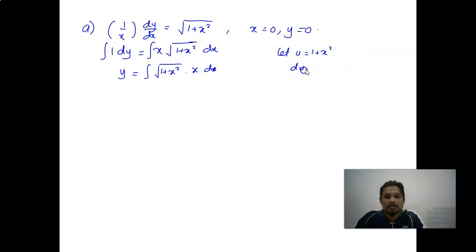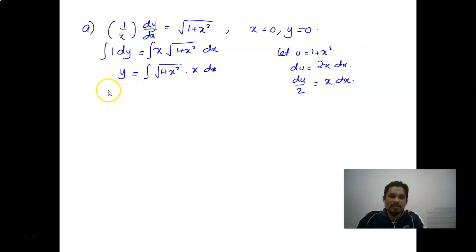Then du equal to 2x dx. 1 plus x squared is our u here, and we have x dx, but what we have here is 2x dx. So it means that du over 2 equal to x dx.